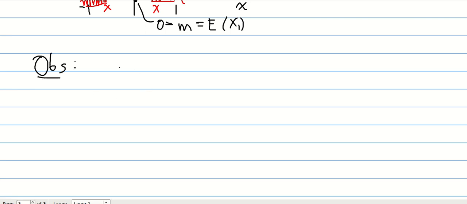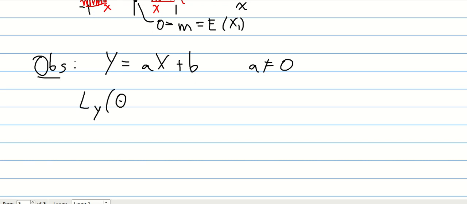So the first observation is related to linear transformations of the variable x. So imagine that y is ax plus b with some non-zero coefficient a. What is the Laplace transform of y? So this by definition is the expectation of e to the theta y.